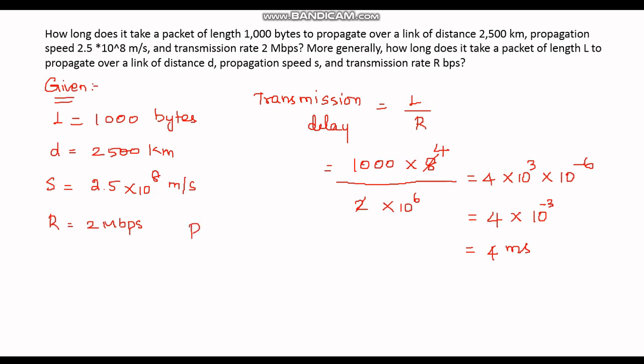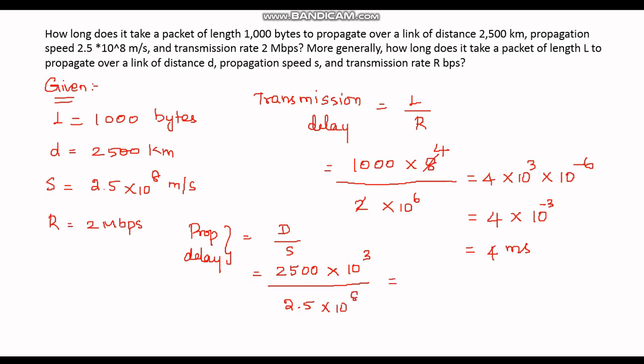And next coming on to the propagation delay, where the propagation delay is nothing but distance by speed. The distance here given is 2500 kilometers. I wish to convert the kilometers into meters, so I have to multiply it with 10 to the power of 3. And then the speed is 2.5 into 10 to the power of 8. So it is written as 25 into 10 to the power of 5 divided by 2.5 into 10 to the power of 8.